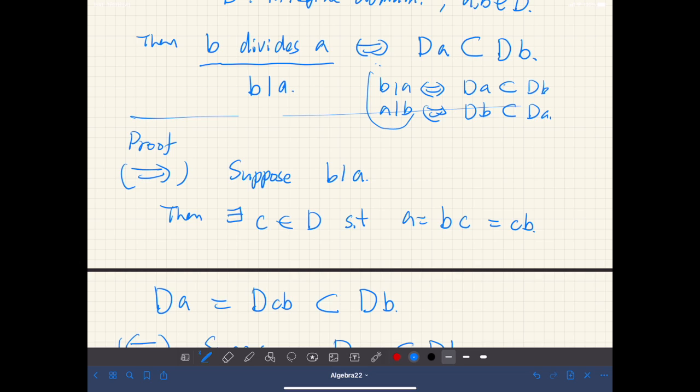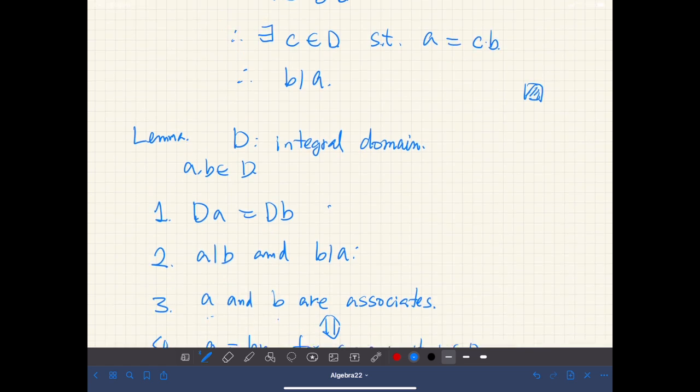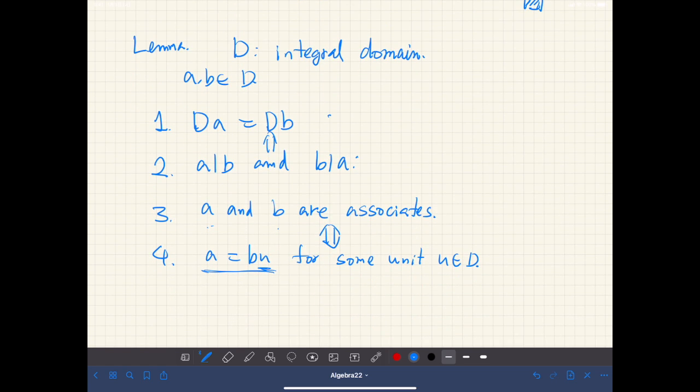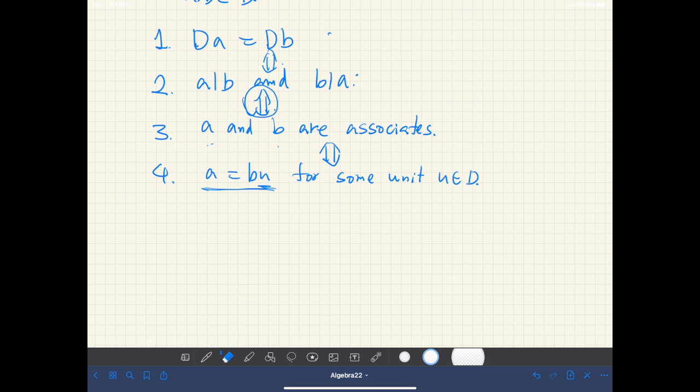So if these two hold at the same time, then dA and dB should be equal. So these are equivalent. So what's left to show is this equivalence. Okay, so let's show this.